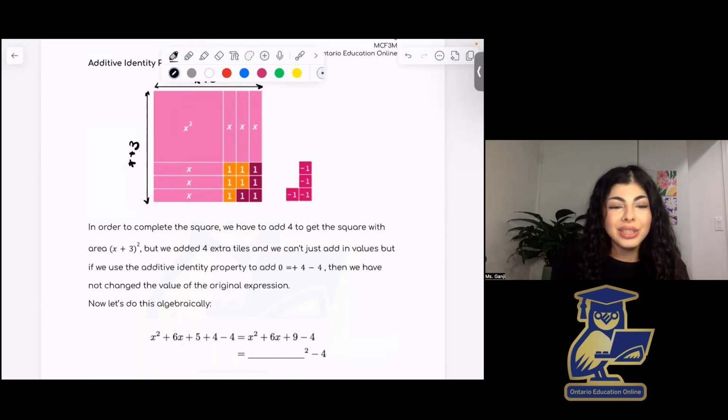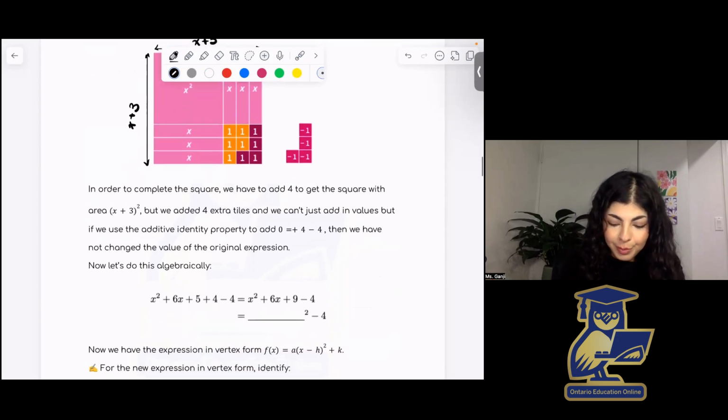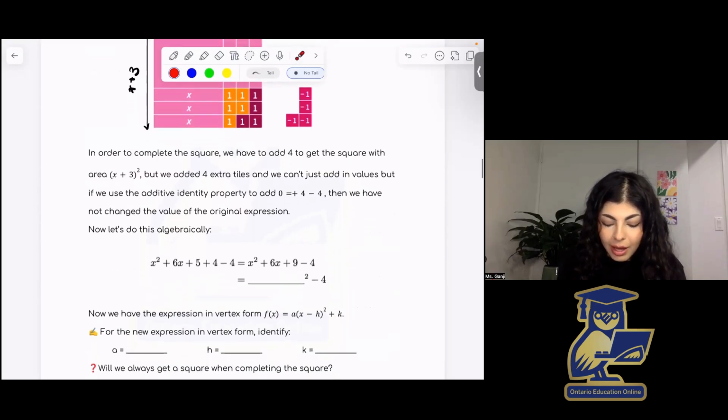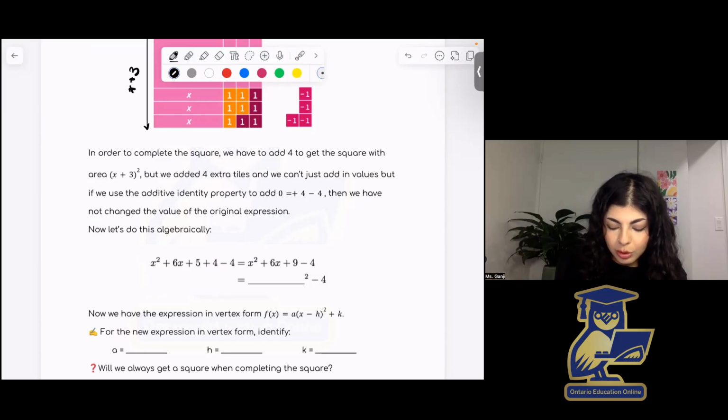So now, algebraically, we have our original x squared plus 6x plus 5, and we're just going to add 4 and subtract 4 to it. Then we see that we require the positive 4 to complete the square, so I'm just going to bracket that in there so you can see it.